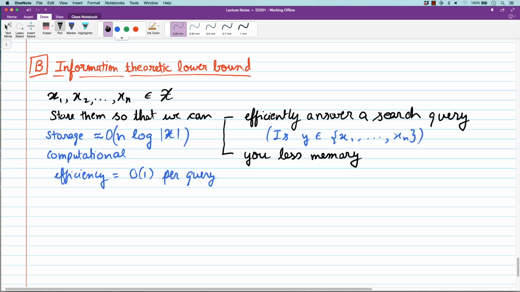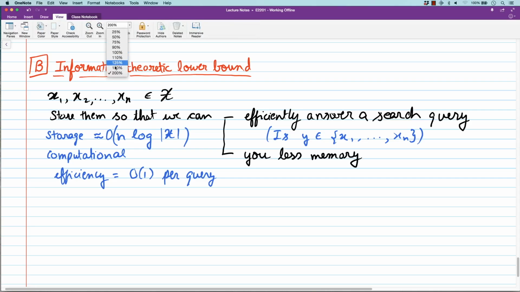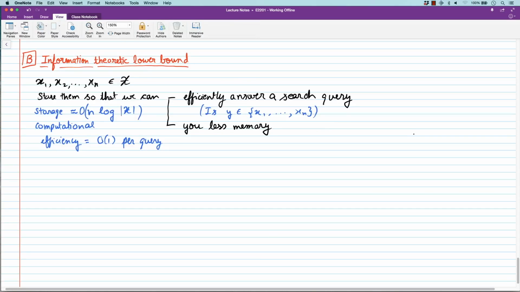And in this class, what we would like to examine is if the algorithm that we found is optimal or not in some sense.